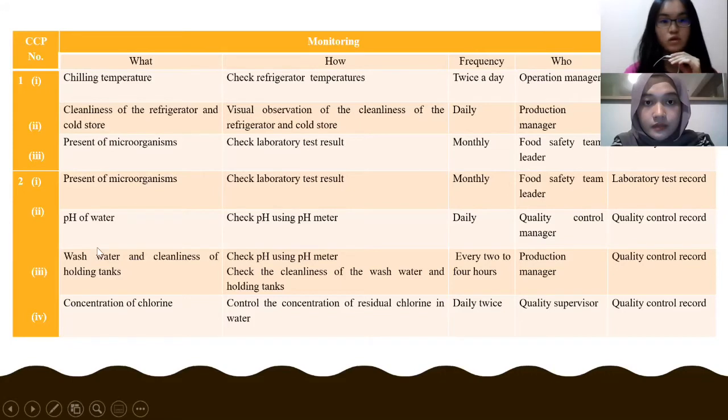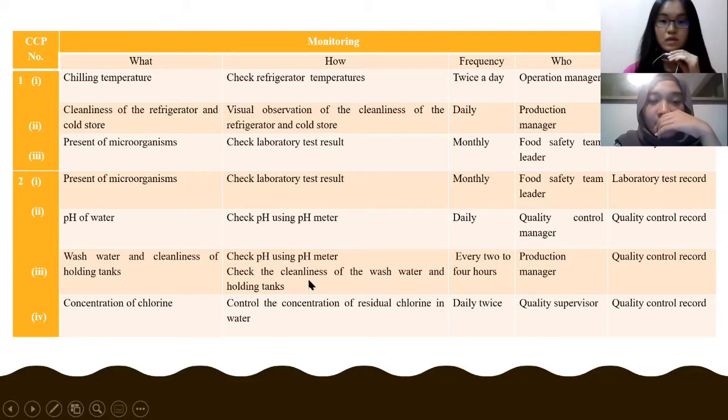quality control manager will monitor the pH of the water by checking the pH using pH meter every day. So the record will be kept in quality control record. Then production manager will monitor the cleanliness of the wash water and holding tanks. So this can be done by checking the pH of water using pH meter and check the cleanliness of the wash water and holding tanks.